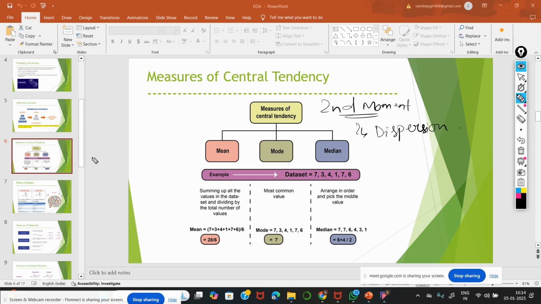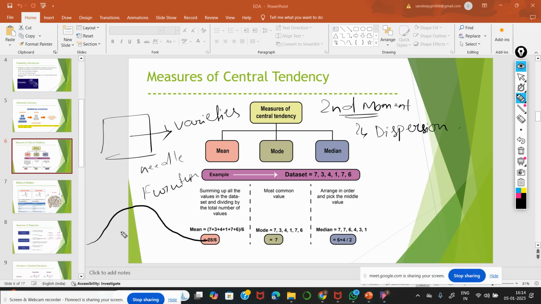In that particular store, varieties of items are present, different types of items, starting from a needle to furniture. So many items are present there. The items are distributed in a wide manner.